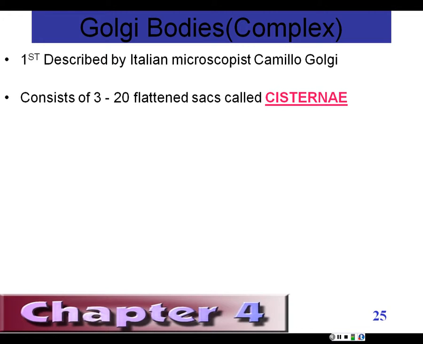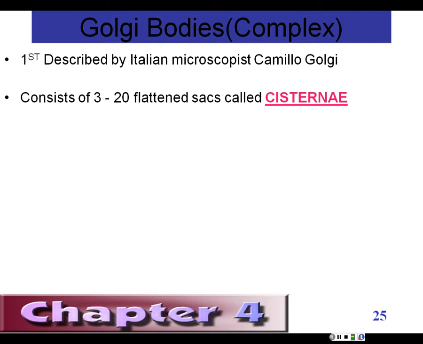All right, it consists of, we said, 3 to 20 flattened sacs. We want to call those sacs cisternae. Now, one of the things about this, for me, the easiest way to learn this would be flashcards, because there's going to be a ton of information again in these chapters.